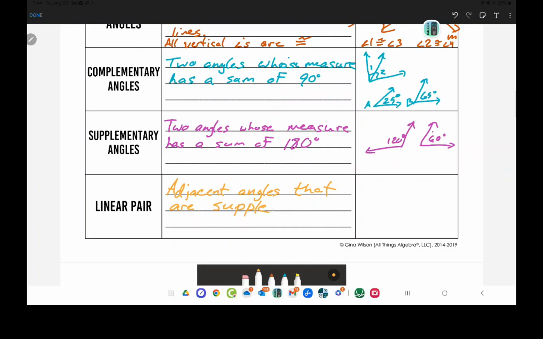So there's a specific word for adjacent angles that add up to 180. The reason why is because combined they form a straight angle. All right, that is it for the definition.